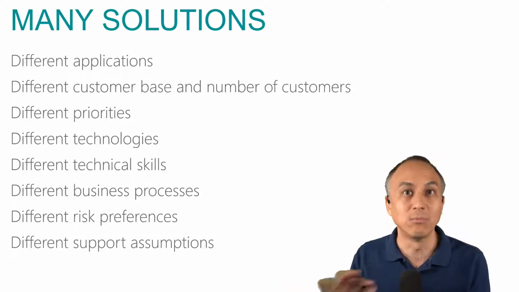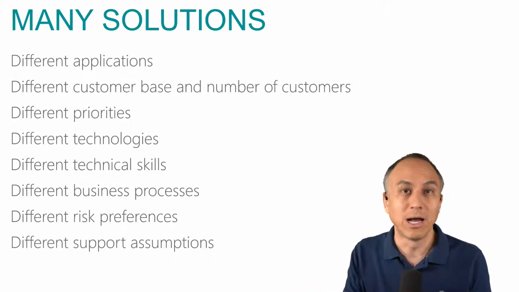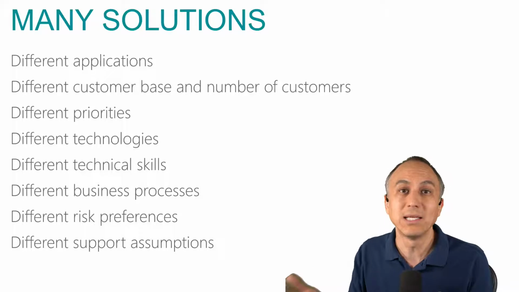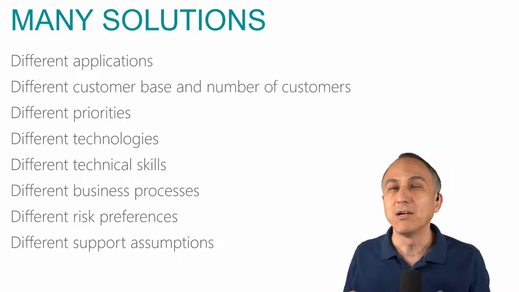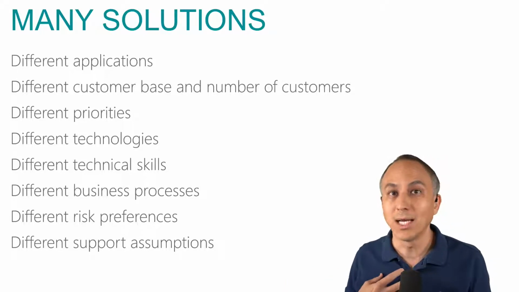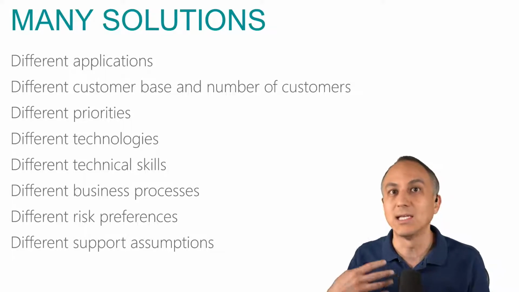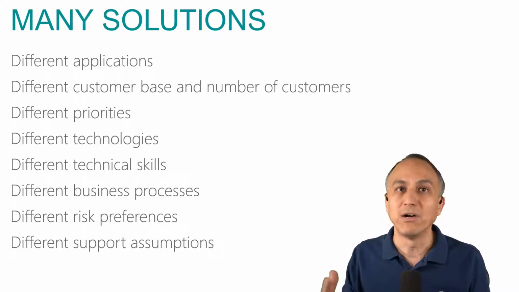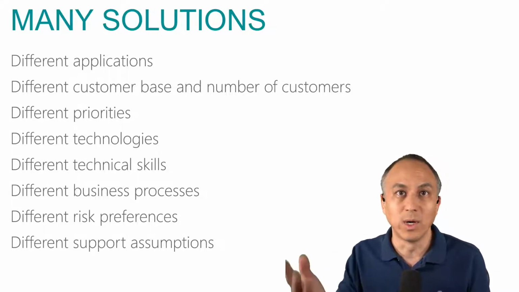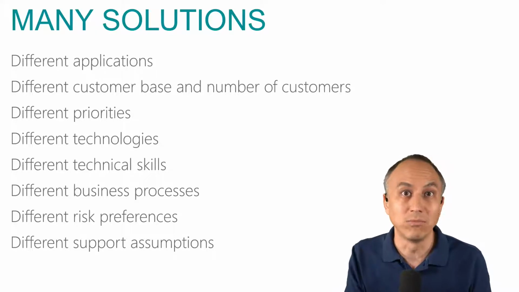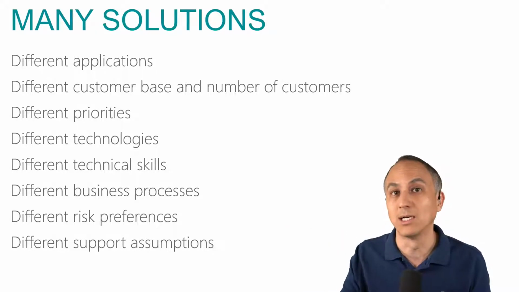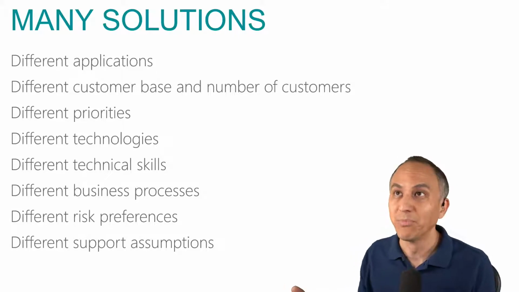You may do things in a completely different manner for your application, right? So it depends on your use case. There are different customer bases. My customers, say in the United States, may have very different needs and concerns and ways of handling things and using my application than your customers in different countries or whatever.